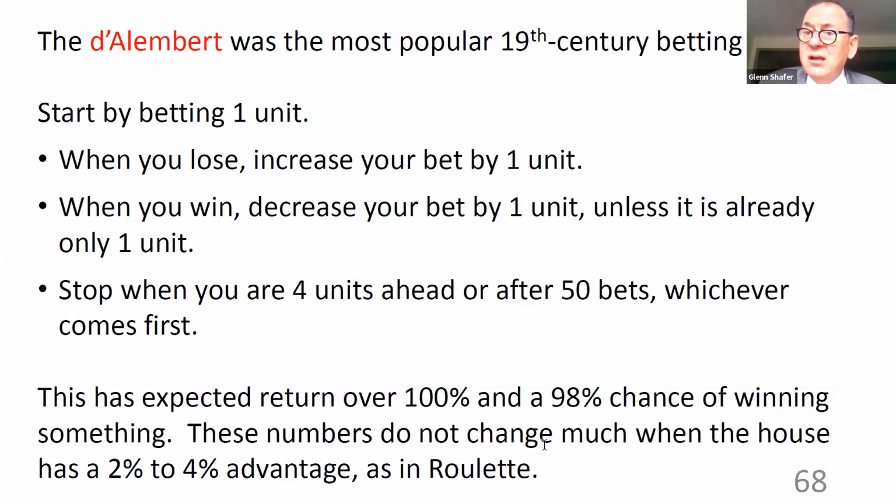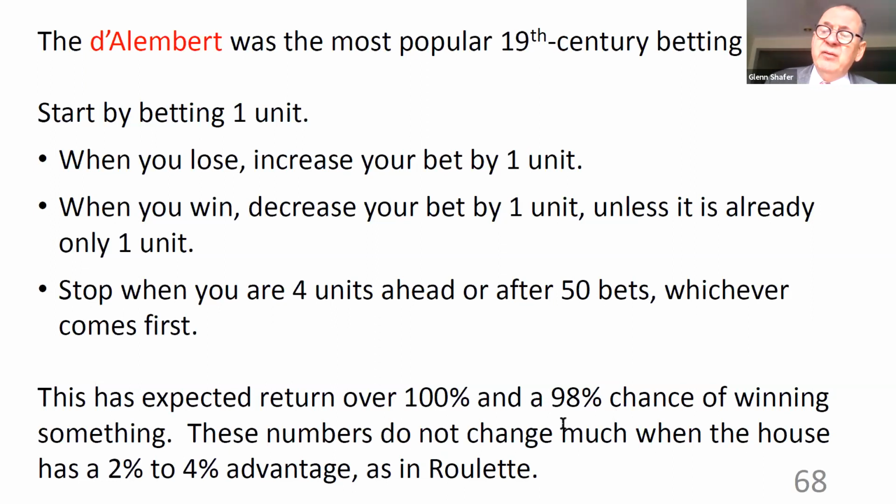The pitfall is that in the cases where you lose all your money, you never get 4 units ahead. You just get farther and farther behind. And after 50 bets, you quit and you've lost a fortune. It adds up. The only thing the house's advantage does is that it makes the fortune you lose bigger. But these numbers don't change much.